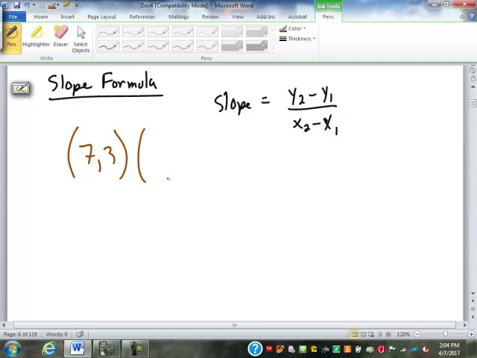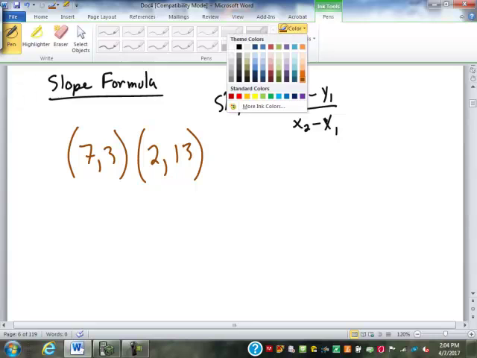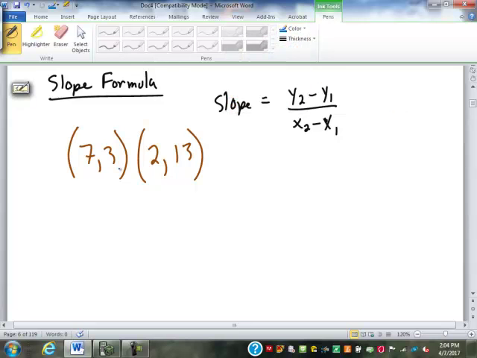7, 3, and 2, 13. To find its slope, I define them as point 1 and point 2.